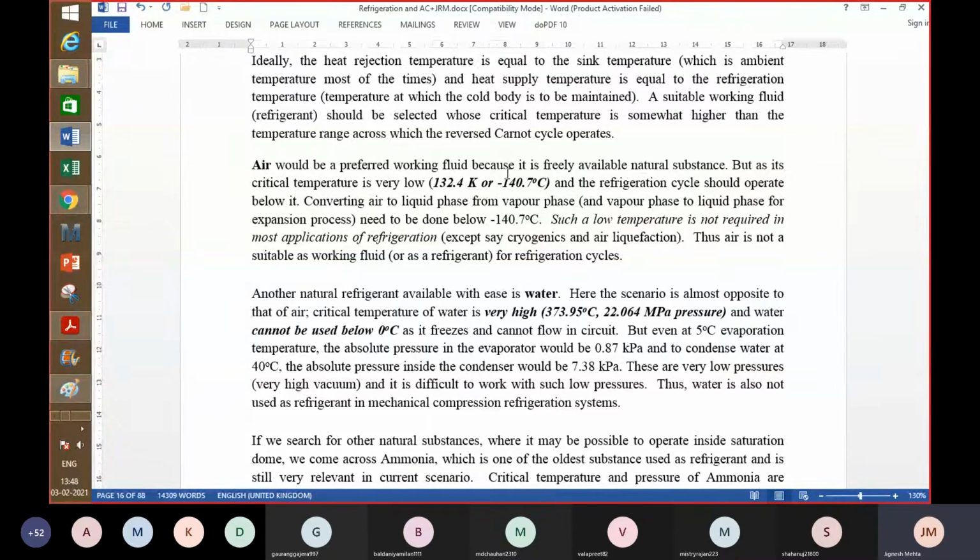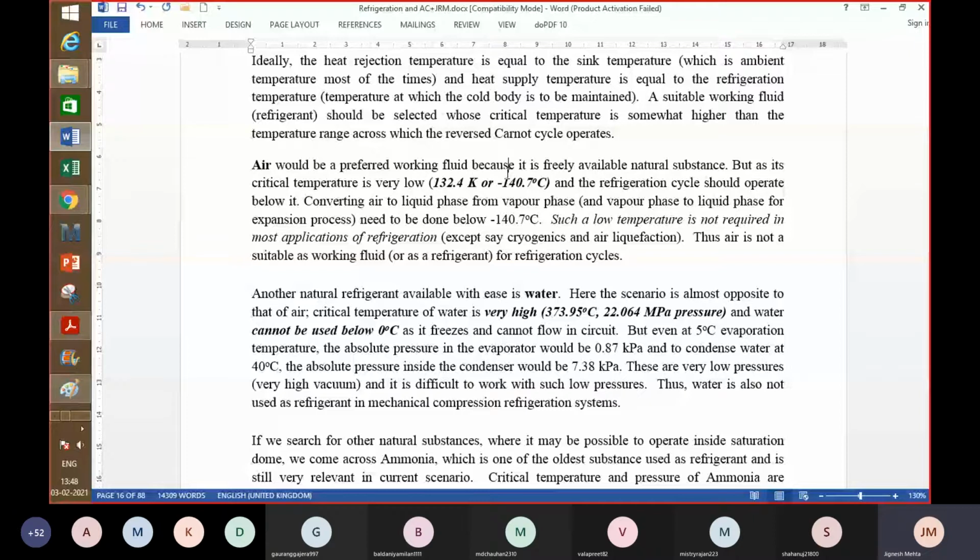In many of the cycles, power producing or even power consuming, we try to use air. Let's say a Brayton cycle, we try and use air there, and in IC engines as working fluid. So why not air as working fluid in refrigeration systems? Air would be a preferred, you can say, most eco-friendly thing.